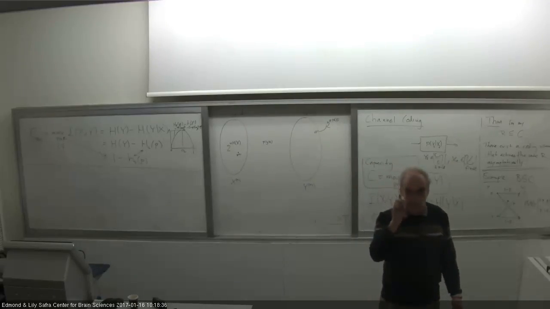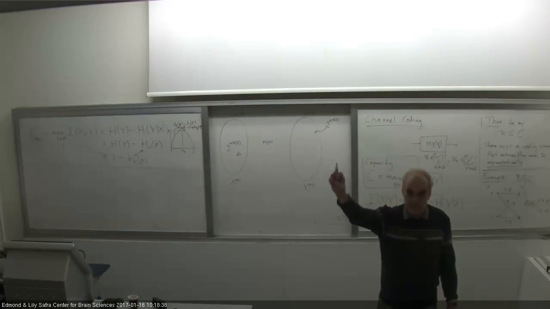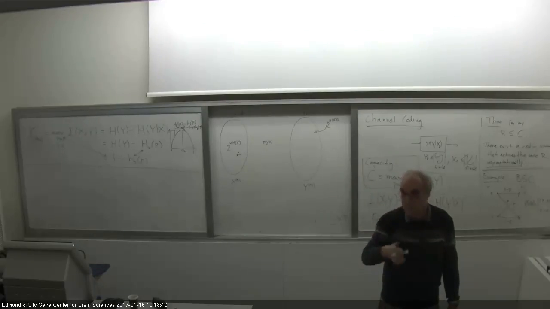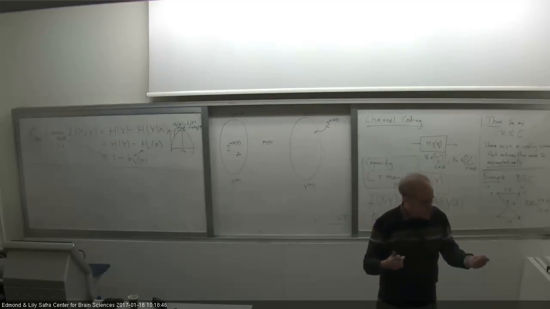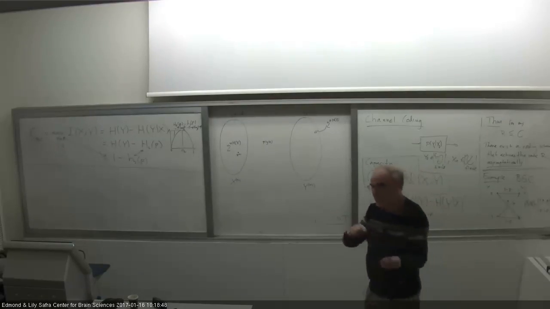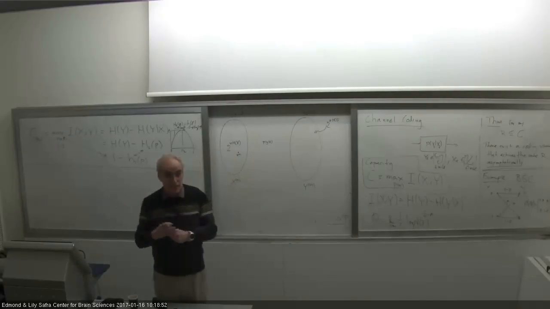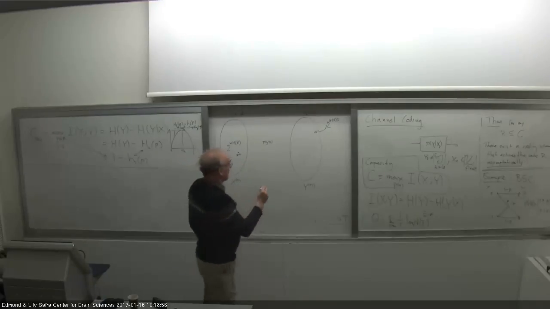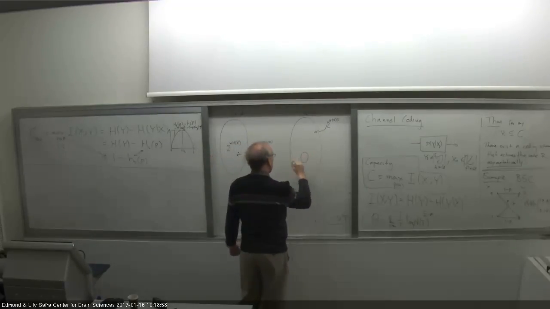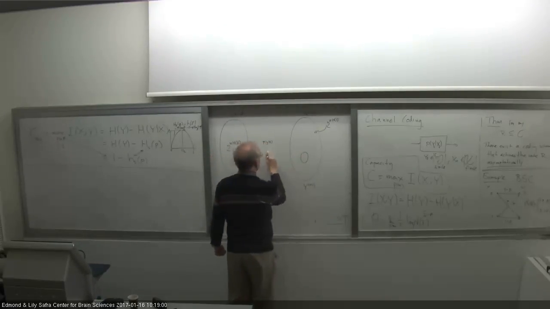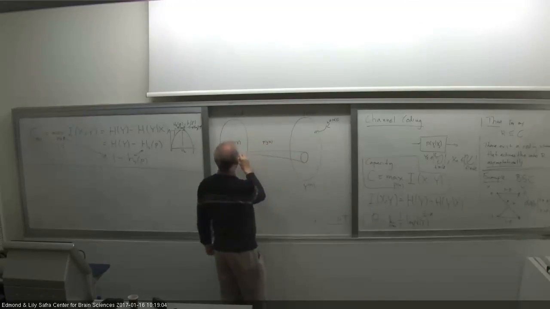Okay, so one sequence is not going to be received as one sequence. It's going to be received as a cloud of possible sequences with all the noise. Sometimes this bit is changed, sometimes the other bit is changed. So there are going to be many, many sequences on the other side that are going to be received from this particular one. So there's a cloud here, which I'm going to denote by this. This is my lousy drawing.